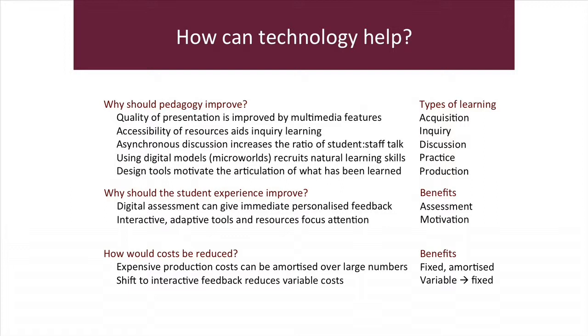Secondly, if we're not all the time as tutors having to do the assessment of students, having to offer formative feedback, then we can do that through the technology now and shift more to interactive feedback, which then reduces those variable costs. So we can't take it away completely. I always want to be able to assess my students' essays or look at their project output, but a lot of what they need to be assessed on, they can do in that more formative way.